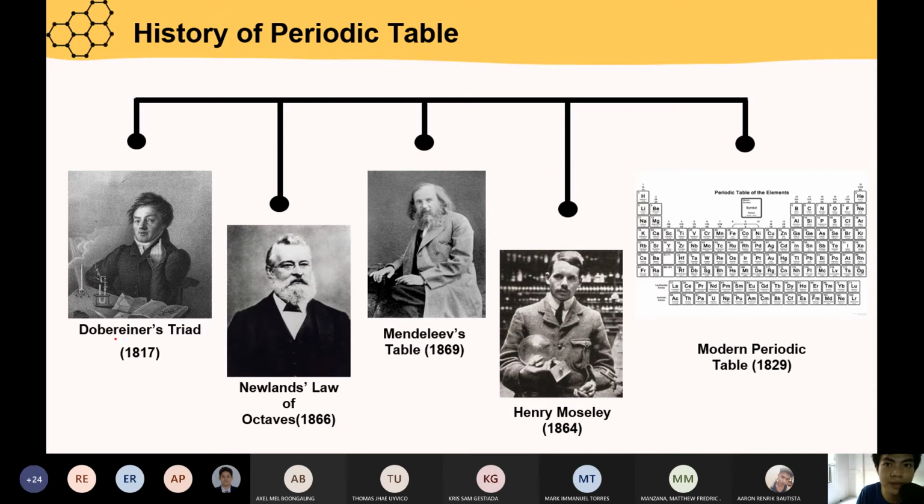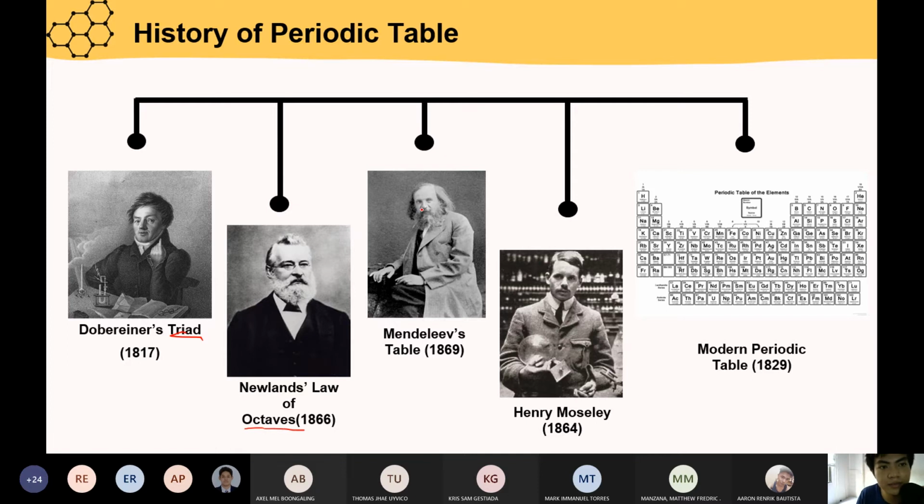However, since the elements were increasing at the time, there was a need to increase the triads to make octaves. And that was introduced to us by Newlands. Okay? He said, just like music, elements have repeating properties every after 8 elements. Okay? So, he arranged the elements in terms of increasing atomic mass then.